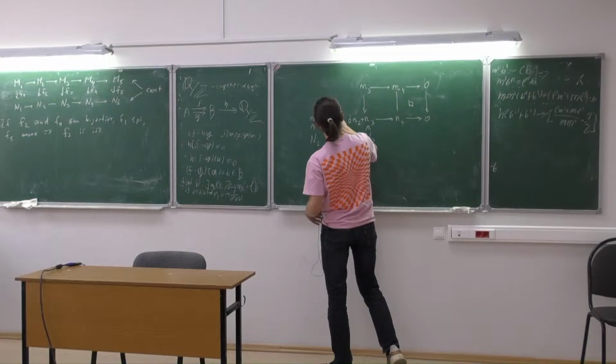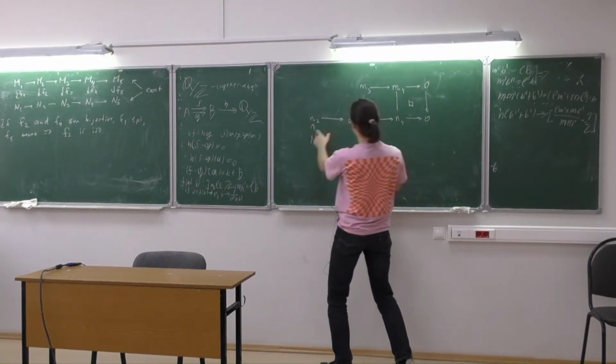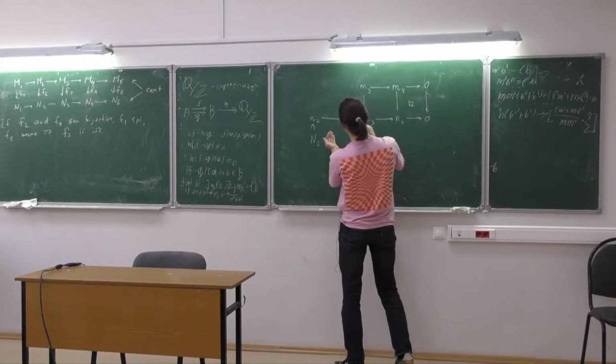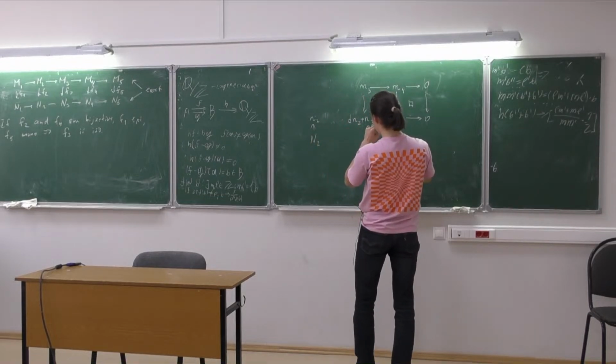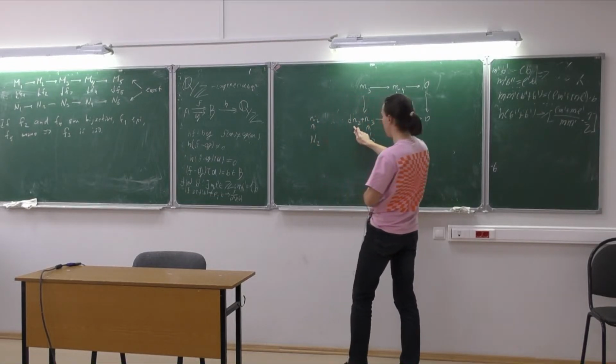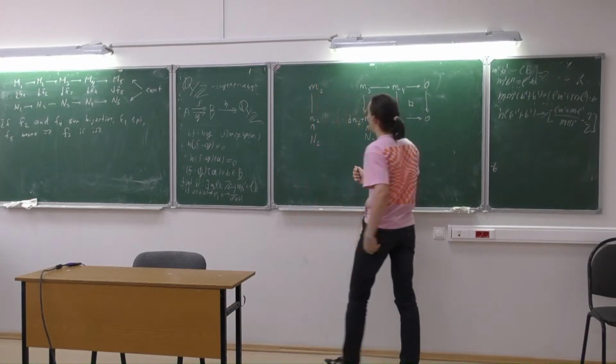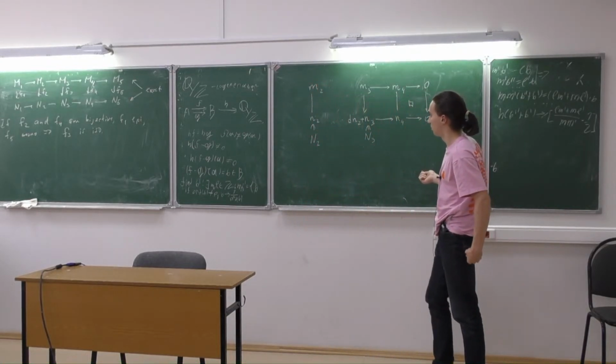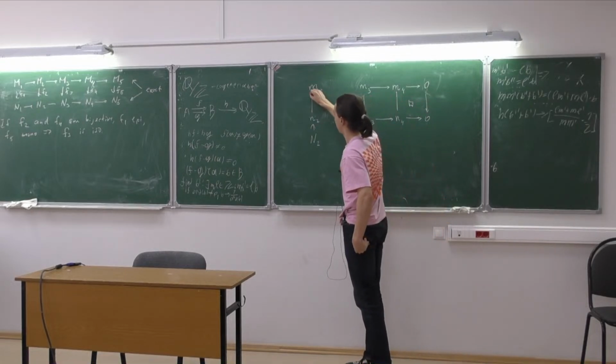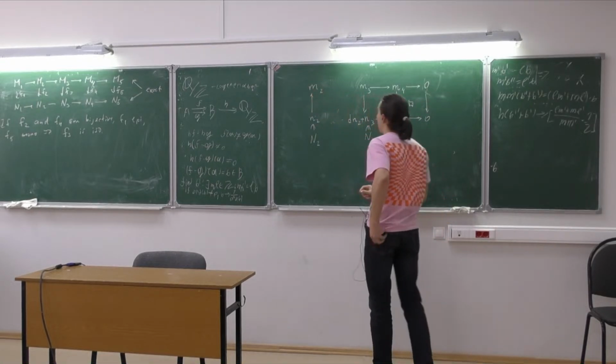Now here we have N2 which is mapping to, okay, this is not exactly commutative anymore. We have N2 which maps to Dn2. We obtain M2, obtained by going up this arrow.